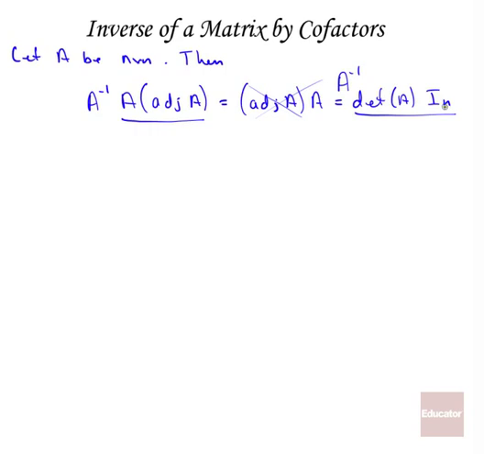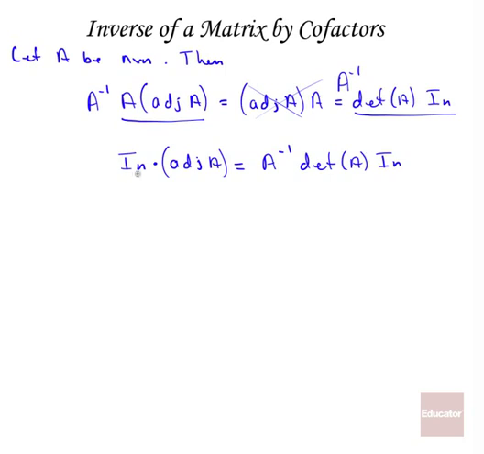Now, by associativity, A inverse times A is just the identity matrix. So I end up with the identity matrix times the adjoint of A equals A inverse times the determinant of A times the identity matrix.